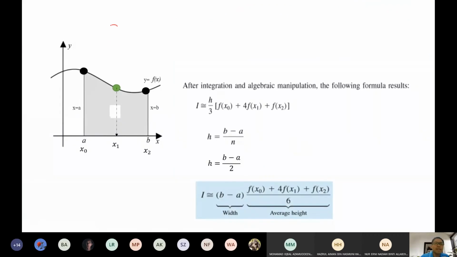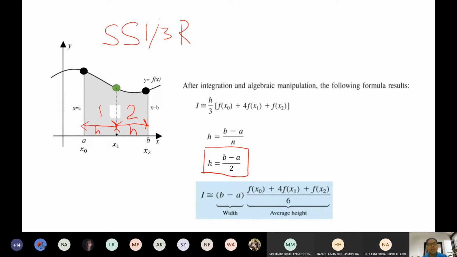Okay, this is the slide talking about single Simpson 1/3 rule. You know that by this method, the area will be subdivided into 2 equal areas, each with width h. To find the h value, you deduct your lower limit from your upper limit and divide by 2, because you have 2 equal divisions here.